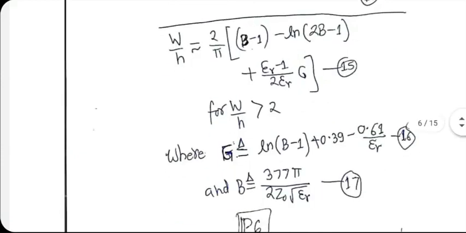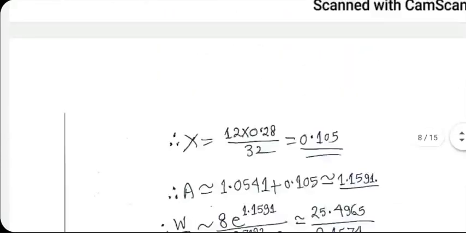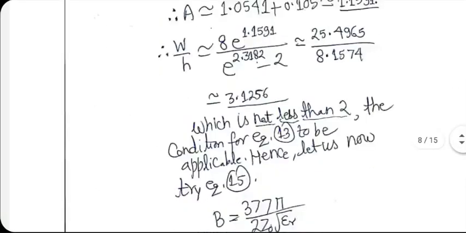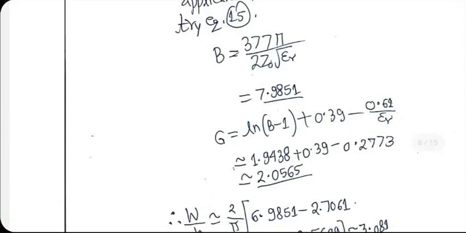For that, we have to repeat the calculation, but now we need to calculate capital B, capital G, etc. and plug back into equation 15. Our choice was wrong, but anyway, that's life. So we have to go to the second equation. Capital B formula is given here, repeated again. So it turns out to be almost equal to 7.9851. Capital G, this is the formula.